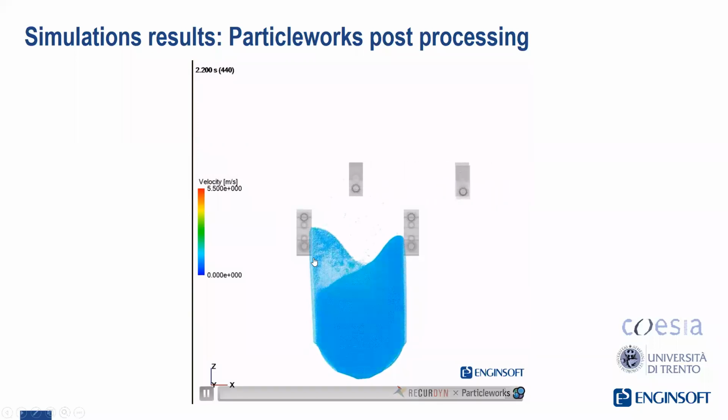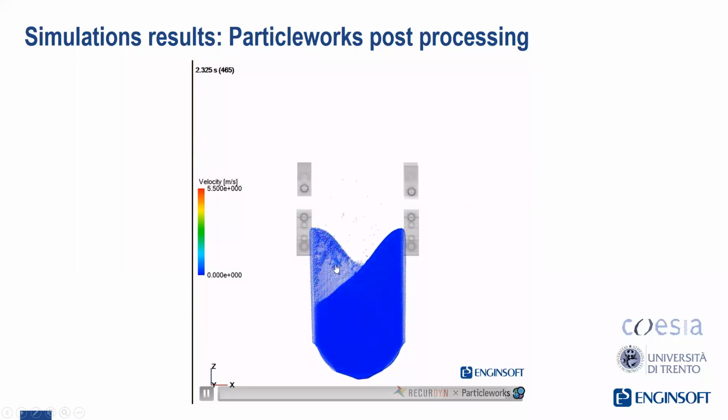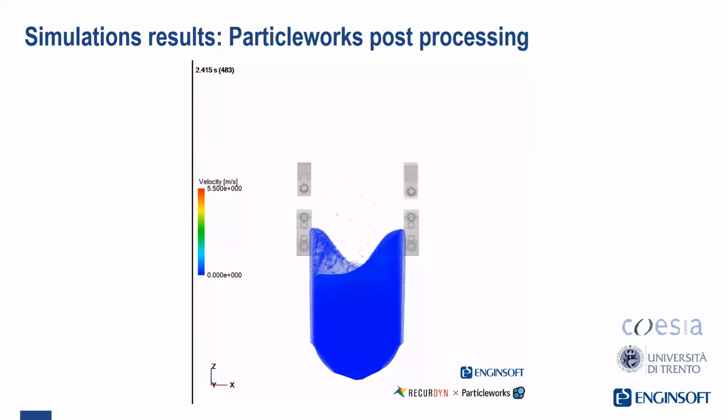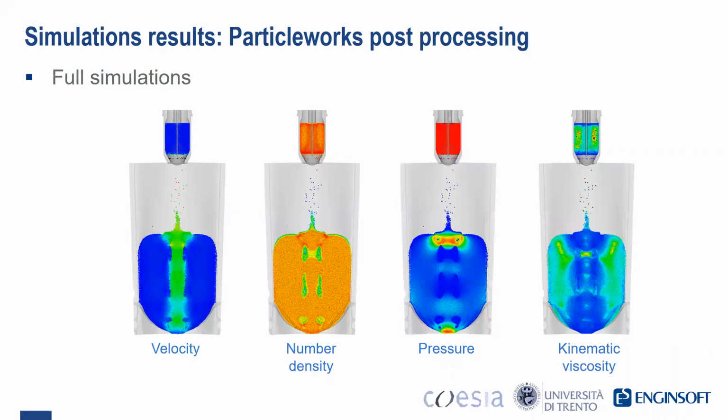Here we have some residues of the fluid that has a little bit of transparency on the pouch. And this is, as I mentioned, the type of output that you can get from the software.